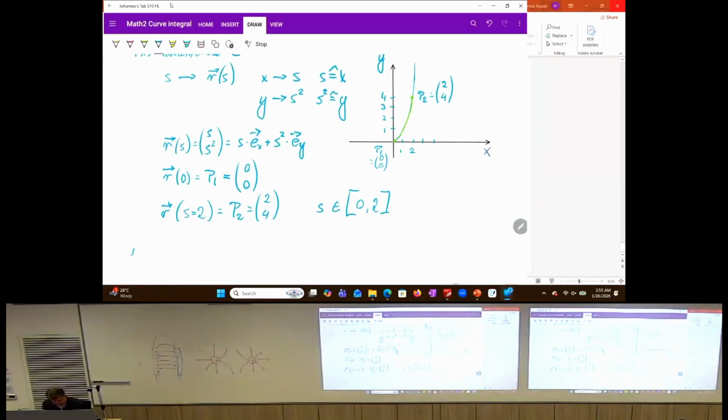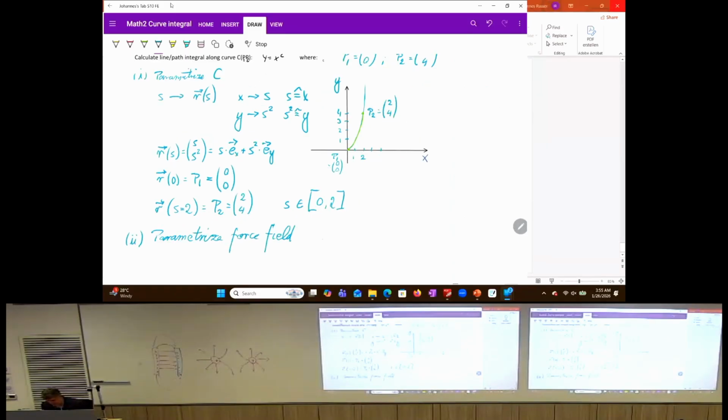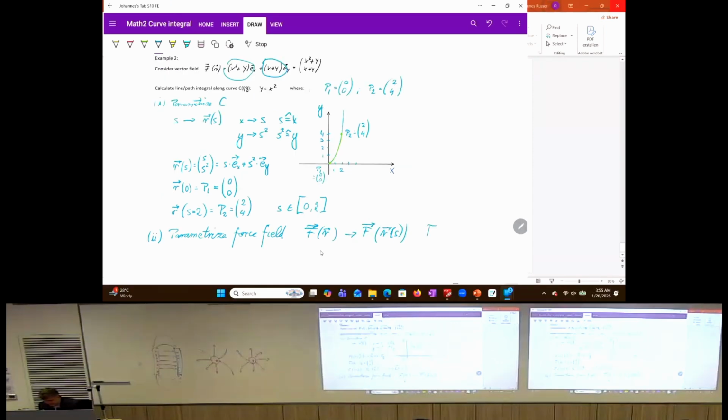In our second step, we do a parameterization of the force field. That means our F, which is a function of R, becomes now a function of R of S. Compare it, we had said up there x squared plus y for the x component and x plus y for the y component of the force field.